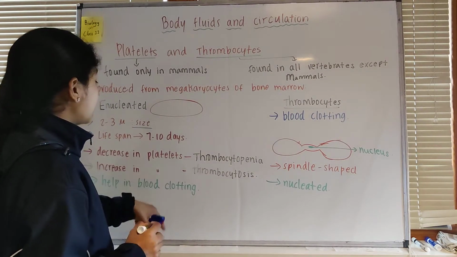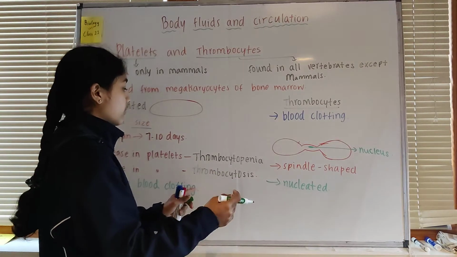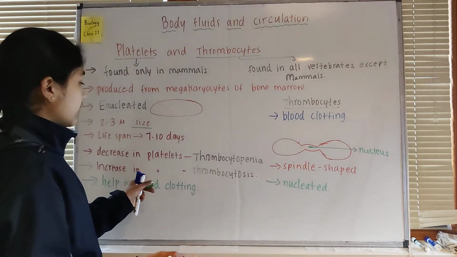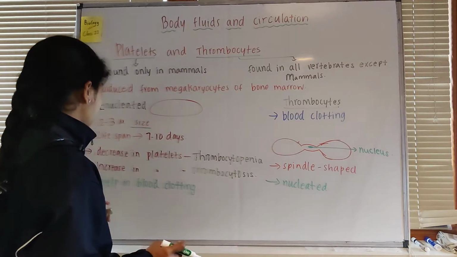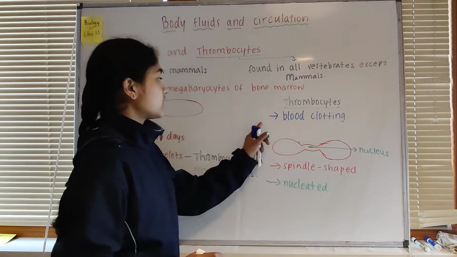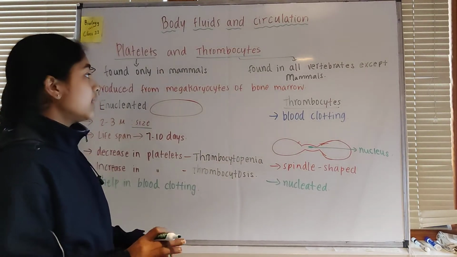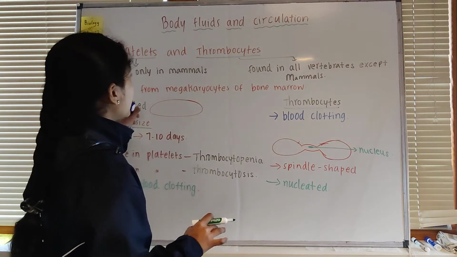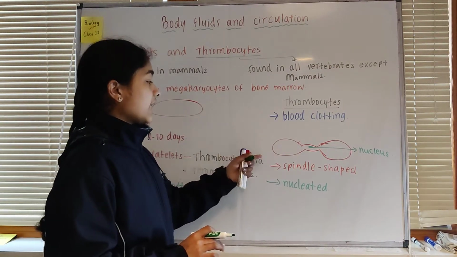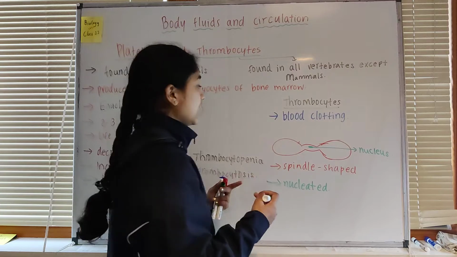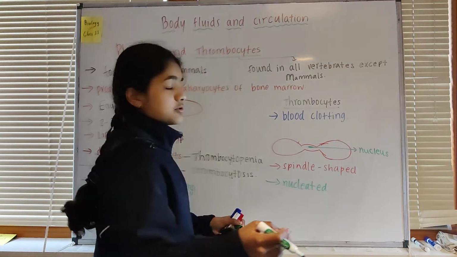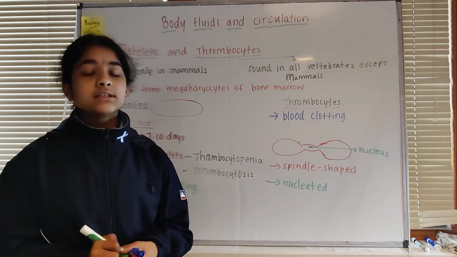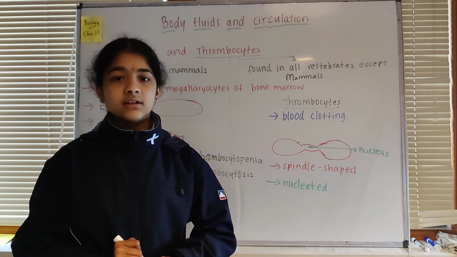The decrease in the number of platelets is thrombocytopenia. Increase in the number of platelets is thrombocytosis. And they help in blood clotting. Thrombocytes also help in blood clotting, the same function, but the differences are where they are found, the shape of the cell, and the presence or absence of a nucleus. So in this video we discussed platelets and thrombocytes.